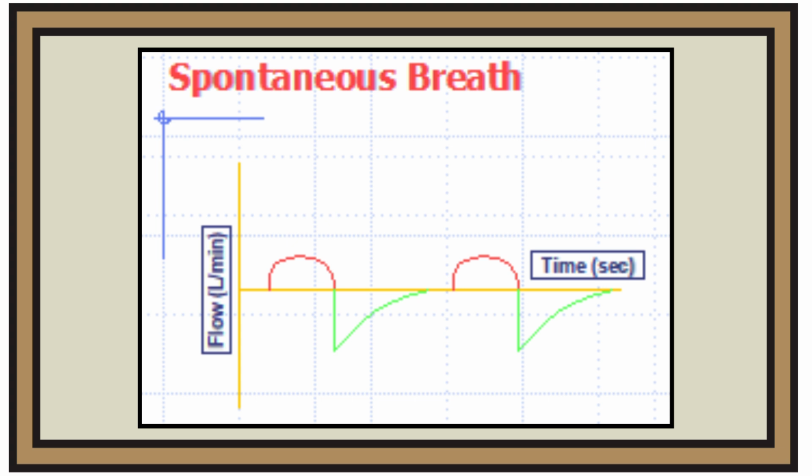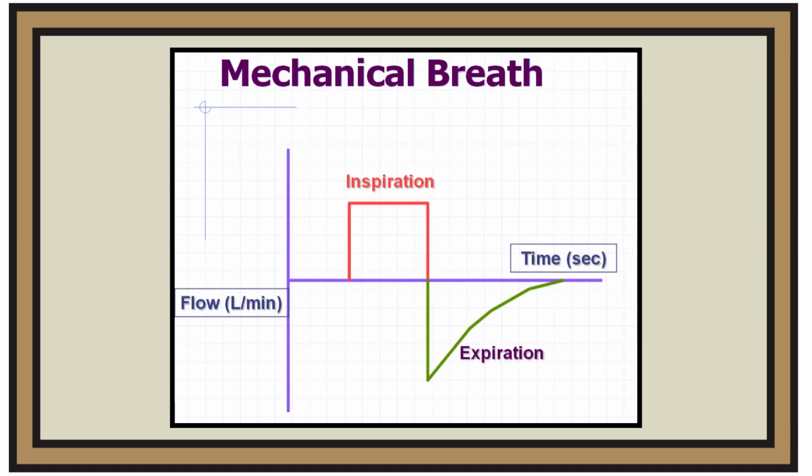In spontaneous breath, please observe that the inspiratory flow is traced above the baseline, whereas expiratory flow is indicated below the baseline. The flow time curve for spontaneous breath resembles a sine wave flow pattern. In mechanical breath, observe the inspiratory flow pattern is square, indicating constant flow delivery.